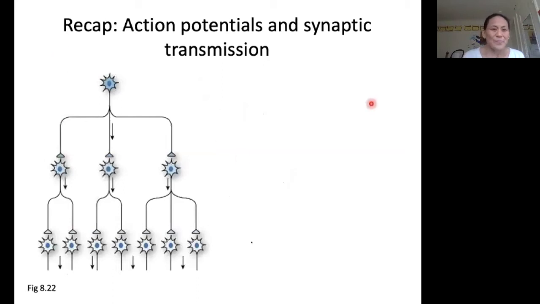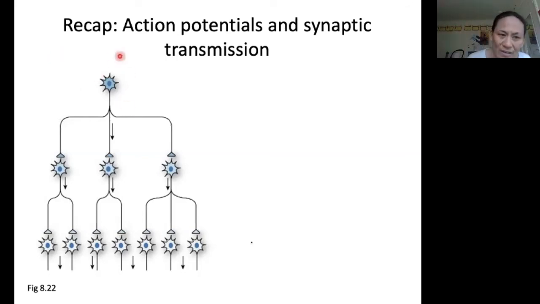Okay, so I wanted to include this slide because students sometimes have trouble stringing together all of these events that we've gone over with action potential generation and synaptic transmission. So I wanted to walk you through this to clarify what happens as a signal goes through a network of neurons, okay?